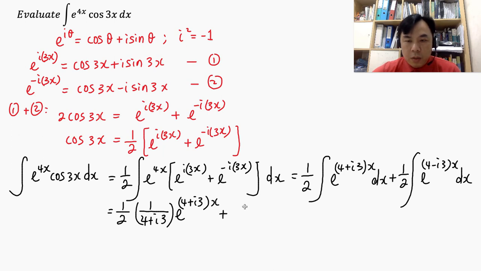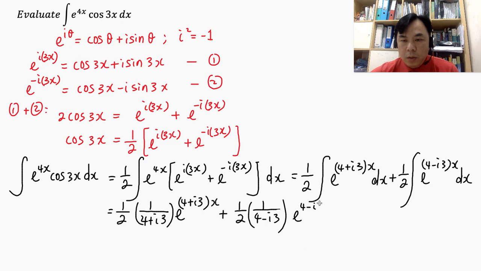The same goes for the second one, which is half, in this case 1 over 4 minus i3. Oops, my 3 doesn't look like a 3, so let me change that. Then from here we have e to the (4 minus i3)x. Basically that's how it looks like at this point.